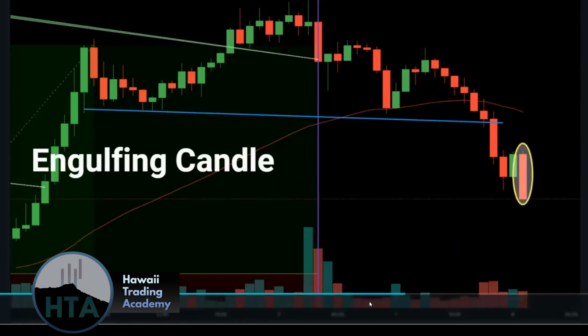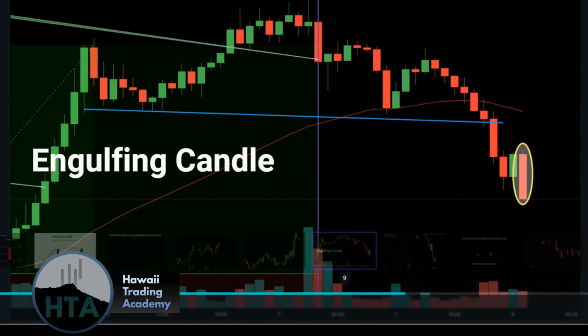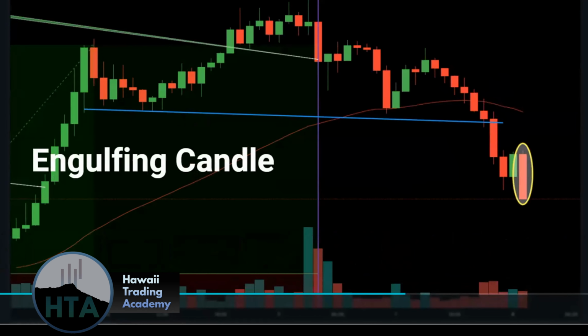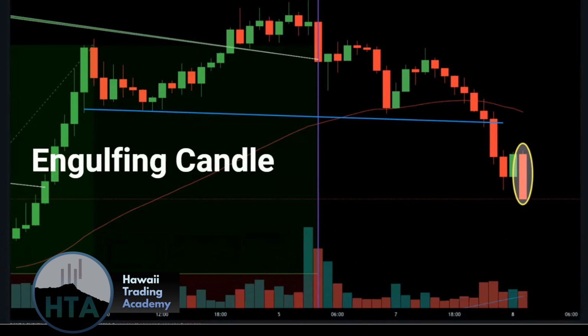So then we got the engulfing candle, the second candle formation we're gonna be going over tonight. The main characteristic of an engulfing candle is that it shadows the previous candle before it.